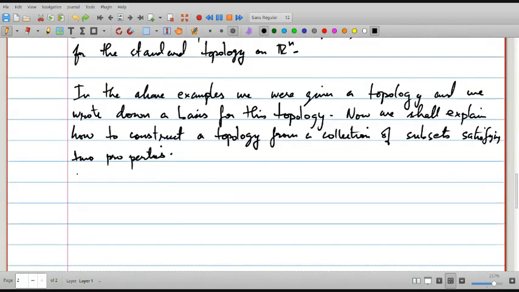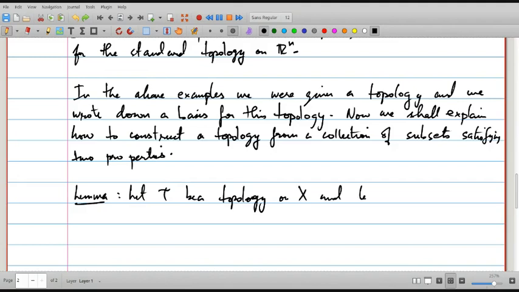So first, let us prove a lemma which motivates one of these two properties. Let tau be a topology on X and let B be a basis for tau.